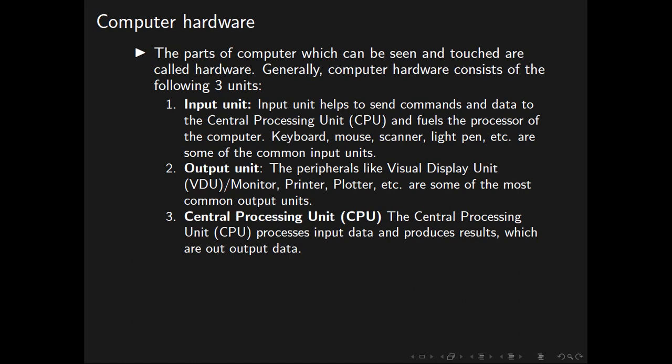Control unit, arithmetic and logic unit, memory unit, and storage unit. These are the four major components of a CPU.